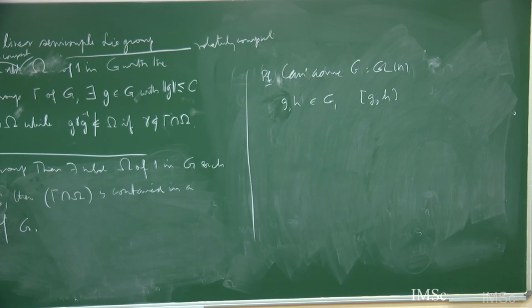Inside GLN, if the neighborhood is sufficiently small, we know that the exponential map of a neighborhood of 0 maps isomorphically onto it. How am I going to get a connected nilpotent group? I just take the elements of gamma and take the logarithms. If the neighborhood is sufficiently small, I can take the logarithms, and then I take the Lie algebra spanned by that.